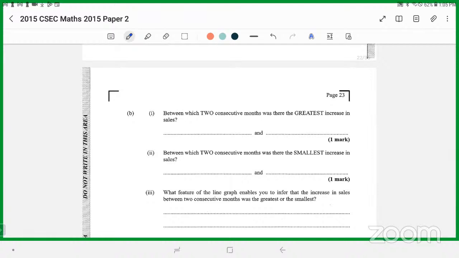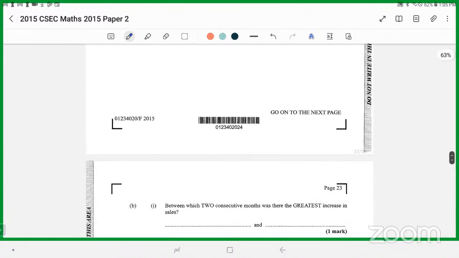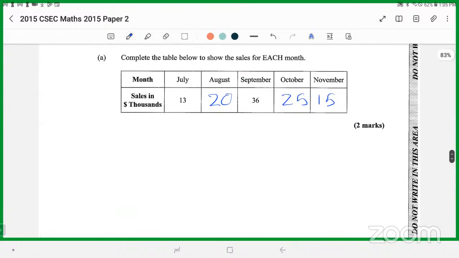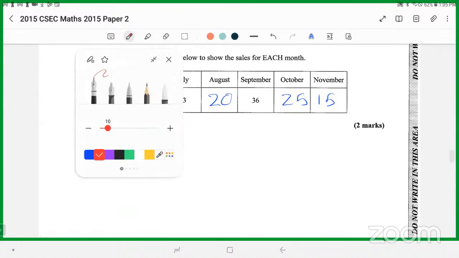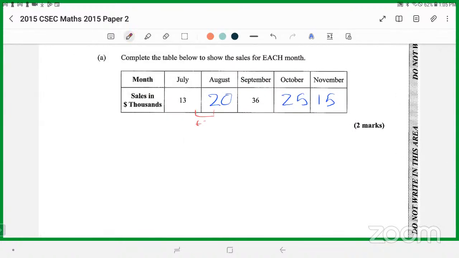The one with the highest gradient and the longest line segment is the one that actually had the greatest increase, sloping up. We could also look at the values here. From here to here is an increase of 7. From here to here is an increase of 16. This is a drop of 11, so you subtract 11. This is a drop of 10, so you subtract 10.